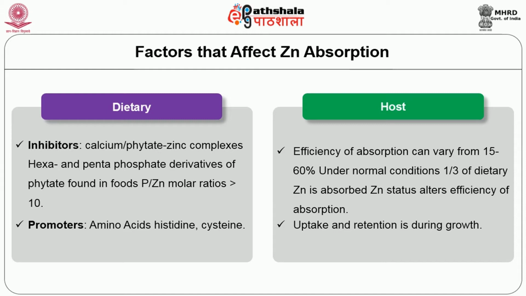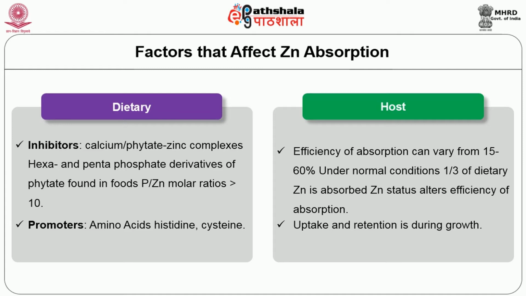Uptake and retention is more during the growth phase, that is in children, and during development of muscles, that is when you go from childhood to adolescence. Boys and girls require additional zinc for their growth, muscle mass, and also the losses due to other excretory pathways.